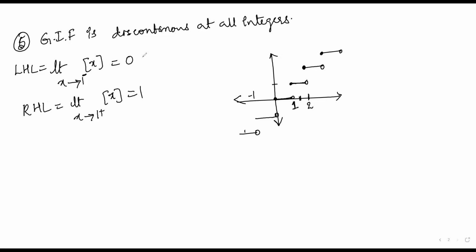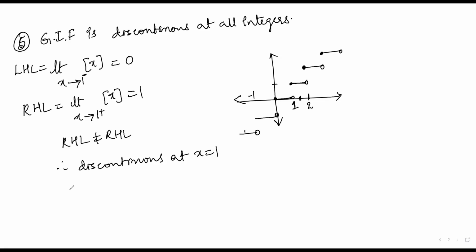So actually the limit doesn't exist, as the left hand limit is not equal to the right hand limit. Therefore, discontinuous at 1. Similarly, you can prove it is discontinuous at all integral points. At 2 also the left hand limit is 1, and the right hand limit is 2.